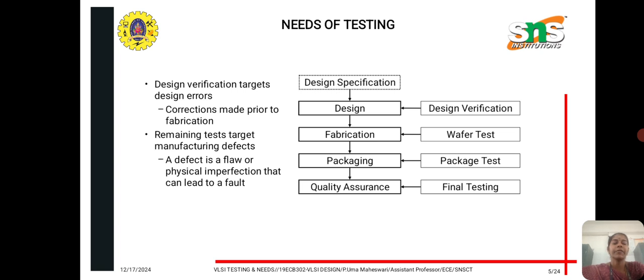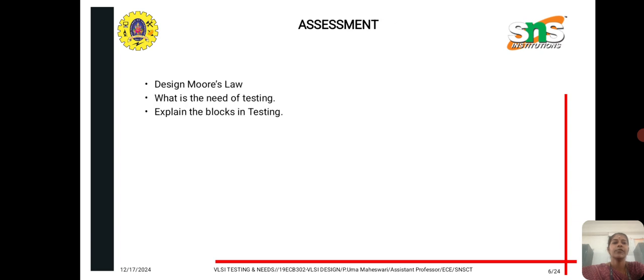Design verification targets design errors, with corrections made prior to fabrication, and the remaining test targets manufacturing defects. A defect is a flaw or physical imperfection that can lead to a fault.